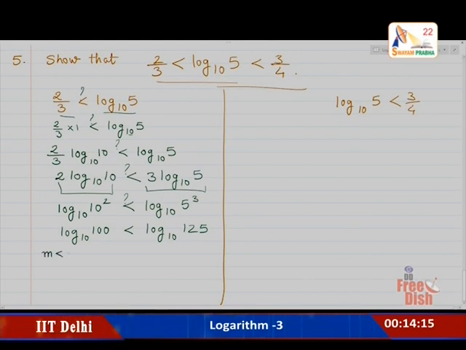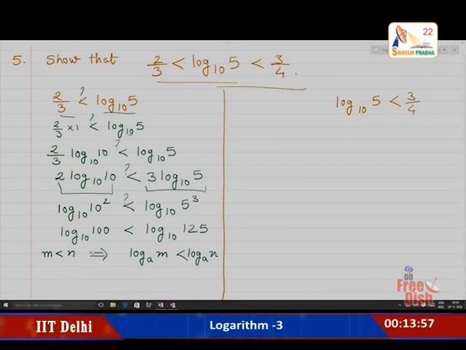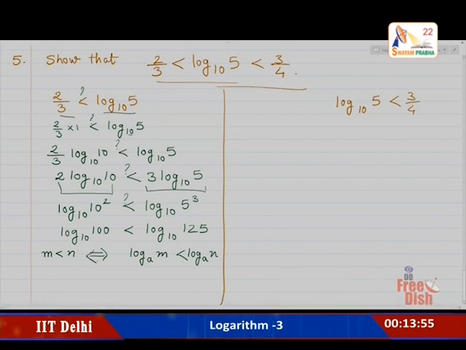Now, what is a property of log? If m is less than n, then what will be the relation between log to the base a of m and log to the base a of n? We have already seen that the log is a monotone function, so this implies this relation should be true, and vice versa. If log of m to the base a is less than log of n to the base a, then m must be less than n.